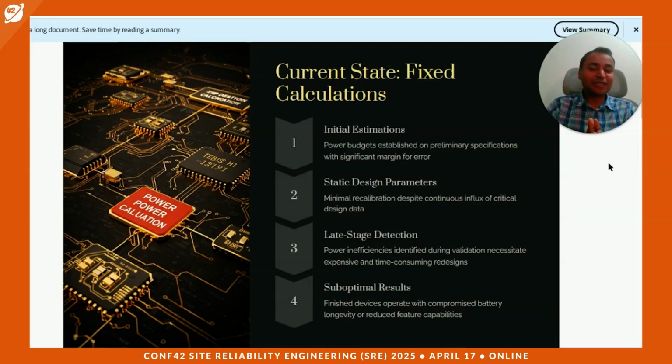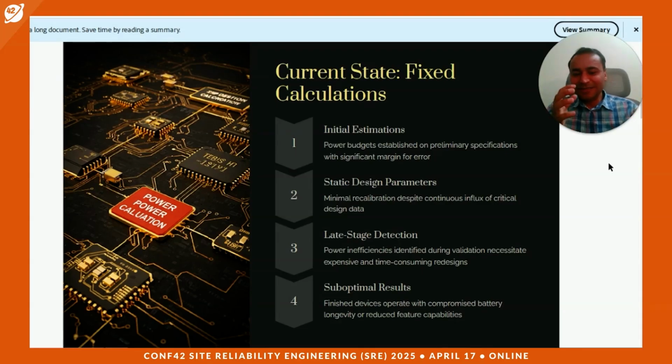Sometimes what we see is that at a late stage, when we are done with all these things, we figure out that whatever power we were estimating has changed. The reason may be that during area convergence, the designer used a lot of leaky cells, ELVT cells, which reduce the area but actually increase the power.